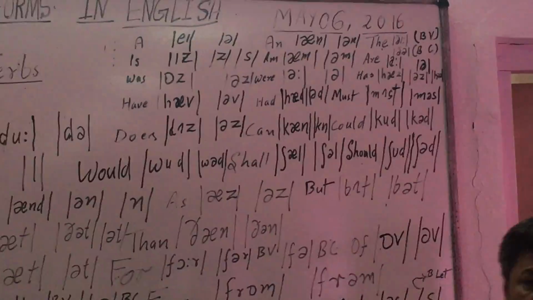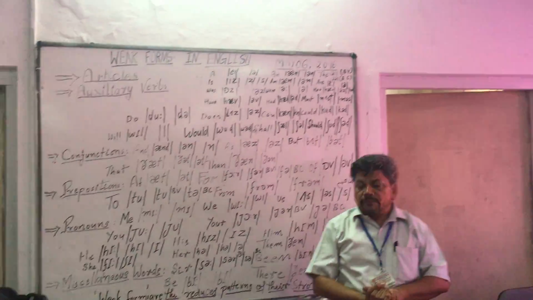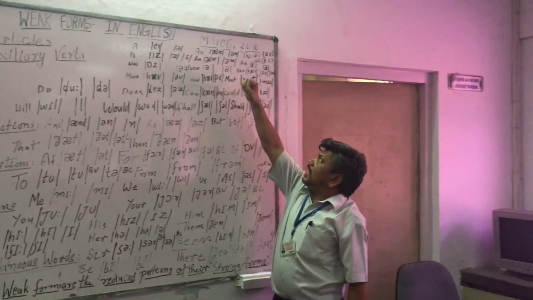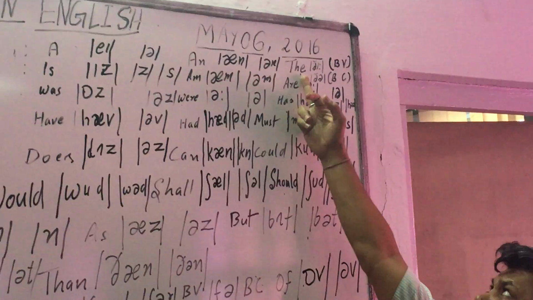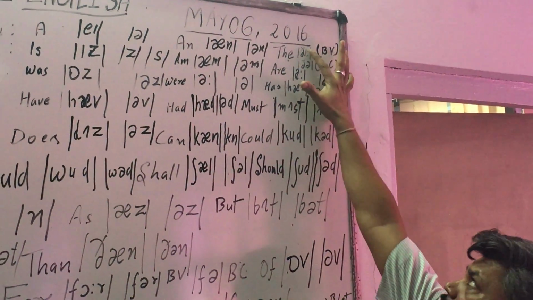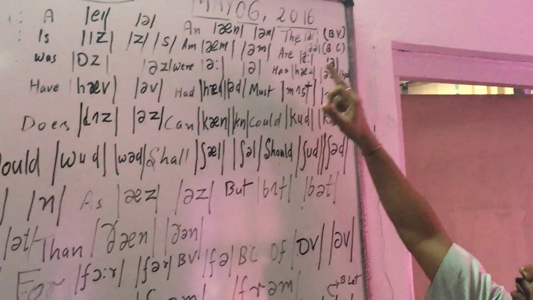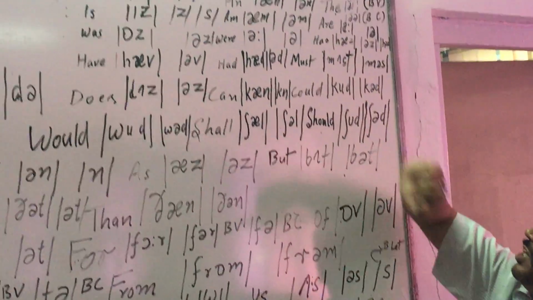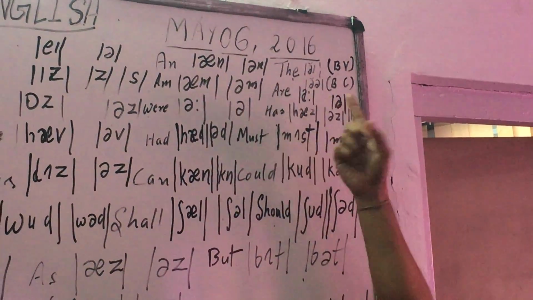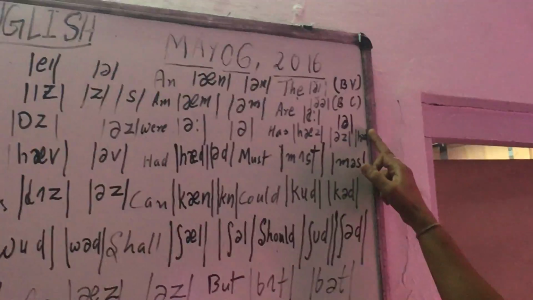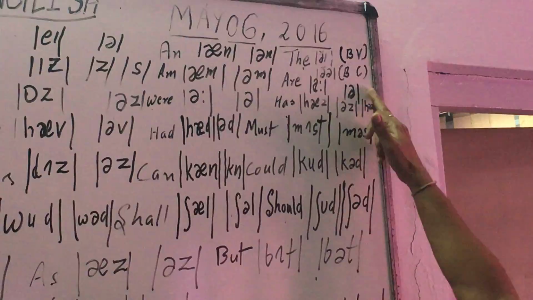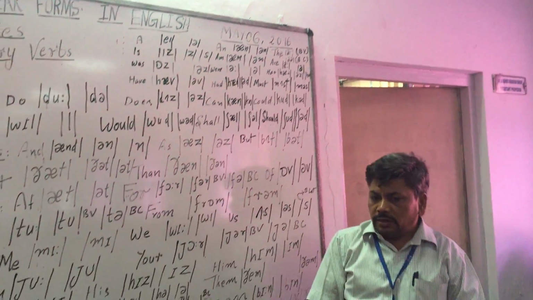And there comes the definite article. The definite article has two weak forms. This is the, but when it weakens, before a vowel it becomes the, but before a consonant it becomes the.